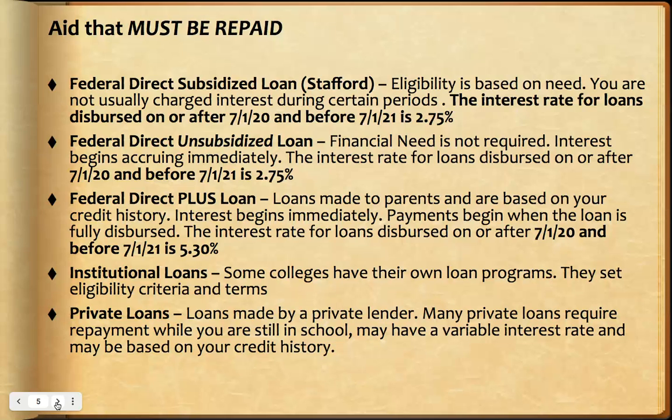So for example, if you borrow $2,000 and while you're in school, you don't pay any of the interest and $1,000 worth of interest accrues, when you enter repayment, then that $1,000 of interest is going to be added to the $2,000 you borrowed. So then you're paying interest on interest. That can get very expensive very fast.